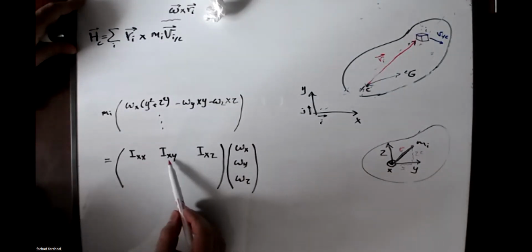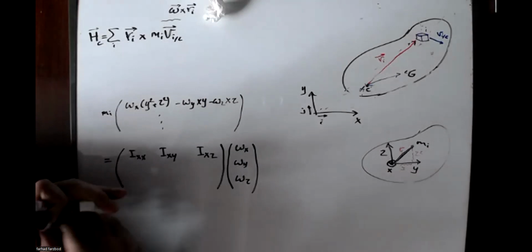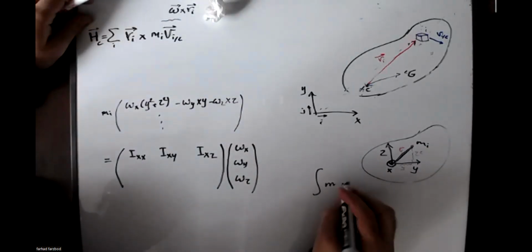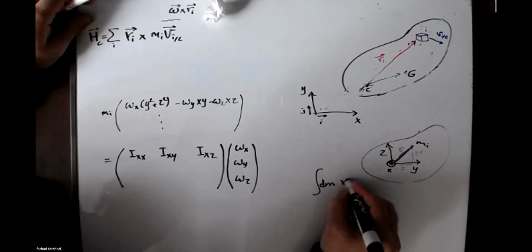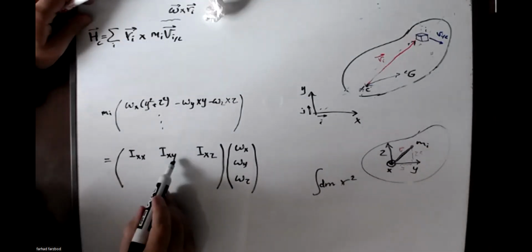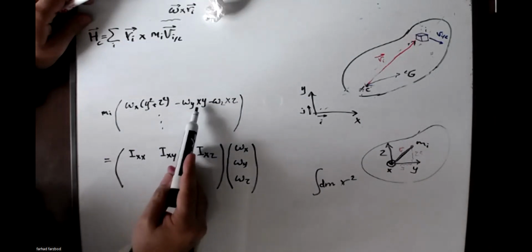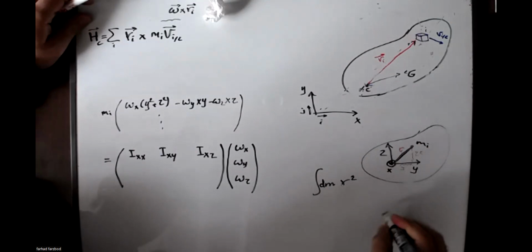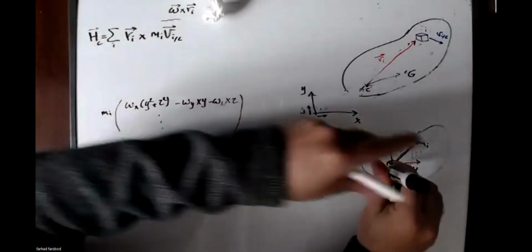In fact, Ixx would be the integral of dm r square, and this r is the distance from the x-axis, right? Ixy, you see, it would be x and y. This time I have to draw the x-axis and y.